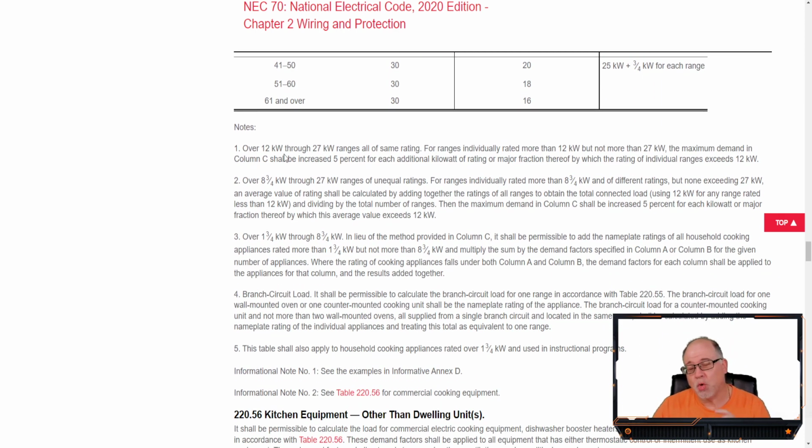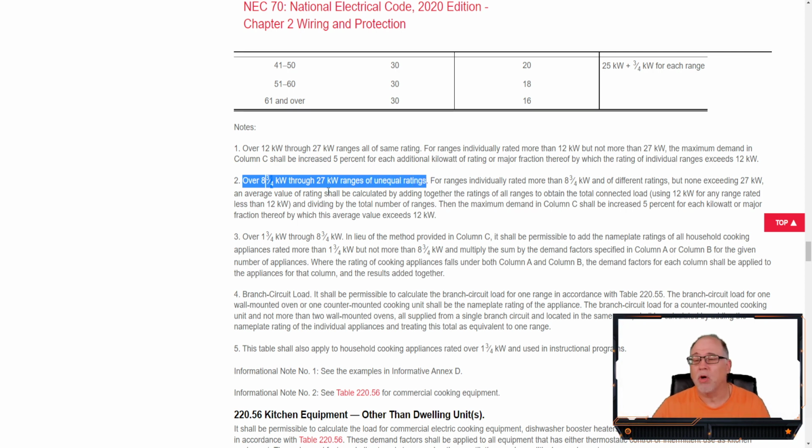Now, we're not going to use Note 1 because even though our ranges do fall between 12 and 27, right? The problem is we have some that are less than 12, and all of the ranges are not equal. They're not all the same rating, okay? They're unequal. So we're going to look at Note 2. Note 2 says as long as they're over 8 3/4 through 27, and the ranges are of unequal value.